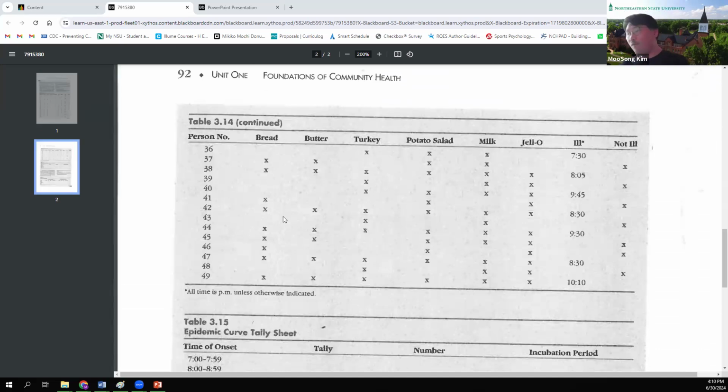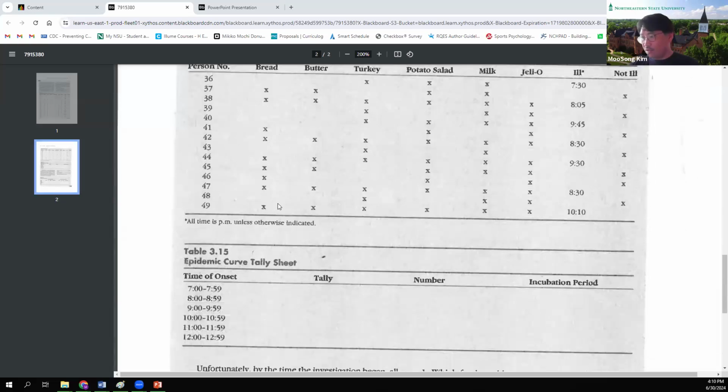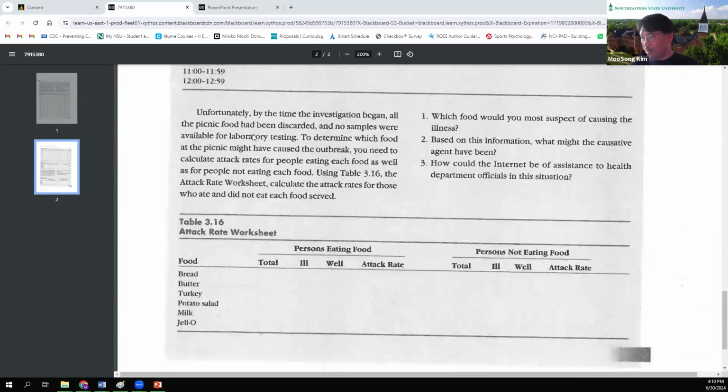So 31 people ate this bread. You put this number here under persons eating food, total, for bread: 31.